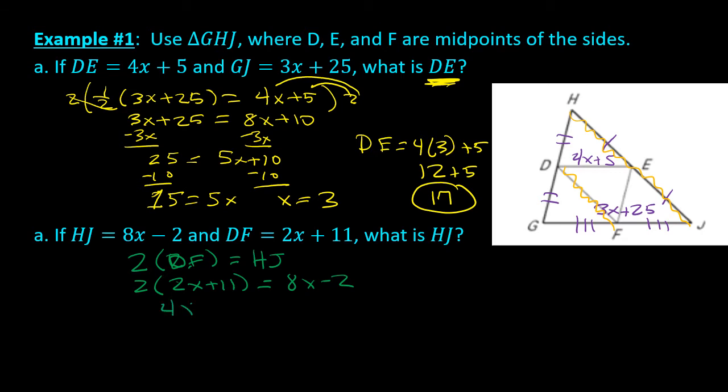We are going to distribute the 2, and I'm going to add 2 to these sides and subtract 4x from these sides. If you need to hit pause and do your algebra, you can go ahead and do that.